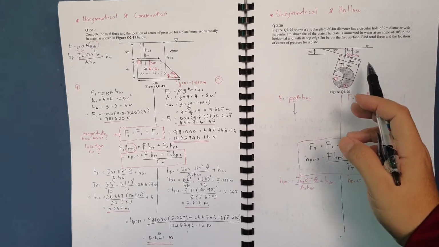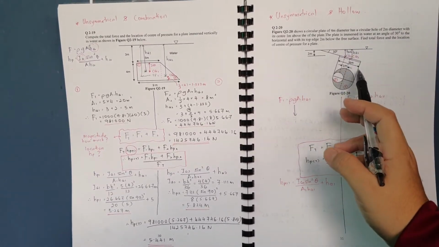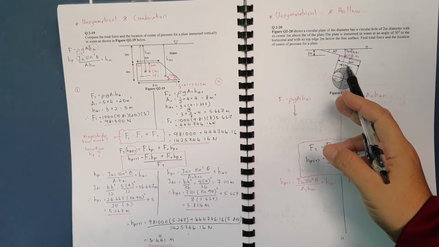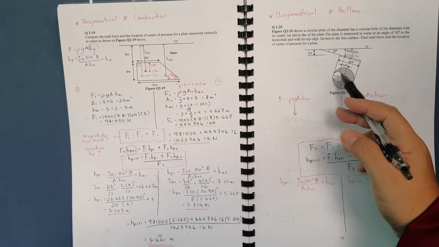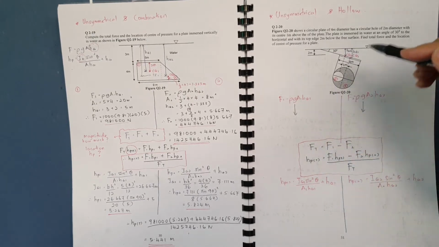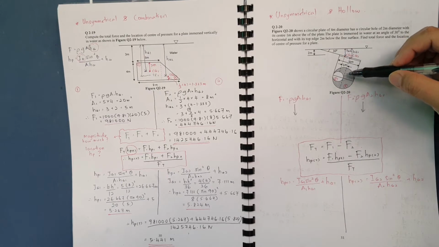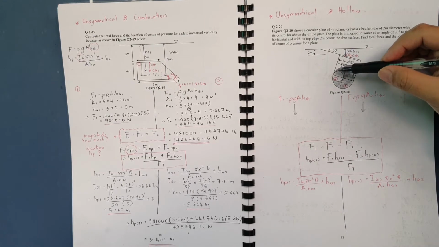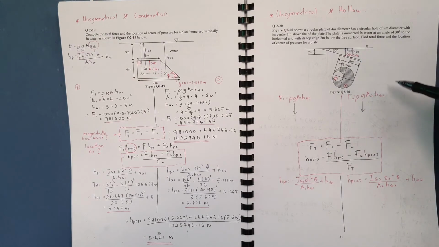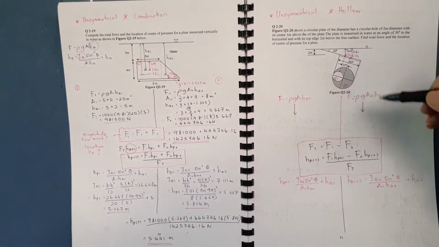So to calculate F1, you should see the overall object 1 without the hollow. If you want to calculate force 2, we only see the smaller part as a whole object. So calculate area 1: pi d square over 4, area 2: pi d square over 4. How to calculate H2?